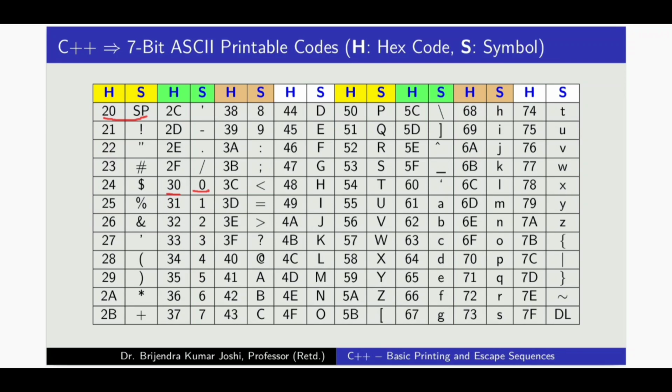Similarly, capital A is 41 hexadecimal, which is 65 decimal. Similarly, lowercase letter a is 61 hexadecimal or 97 decimal. If you want to print backslash, then you send this hexadecimal code or its octal in the string constant, and you can see the effect. Okay, so we'll see how we can make use of them.